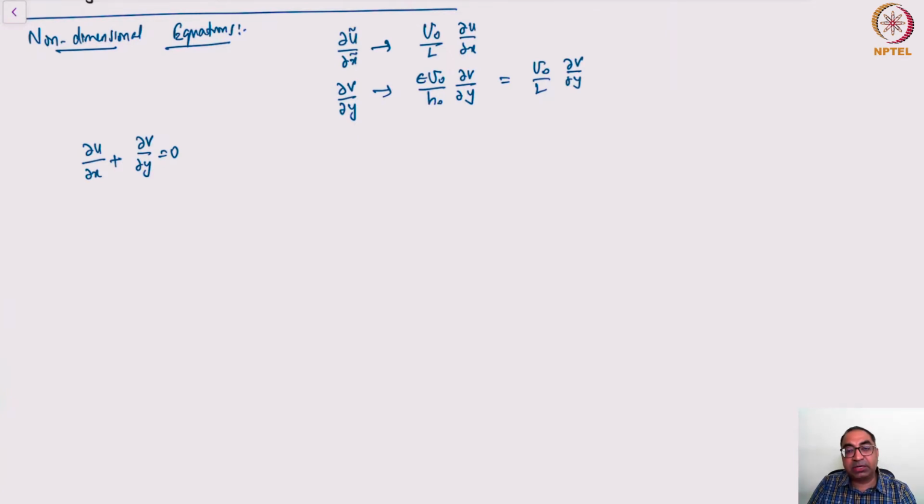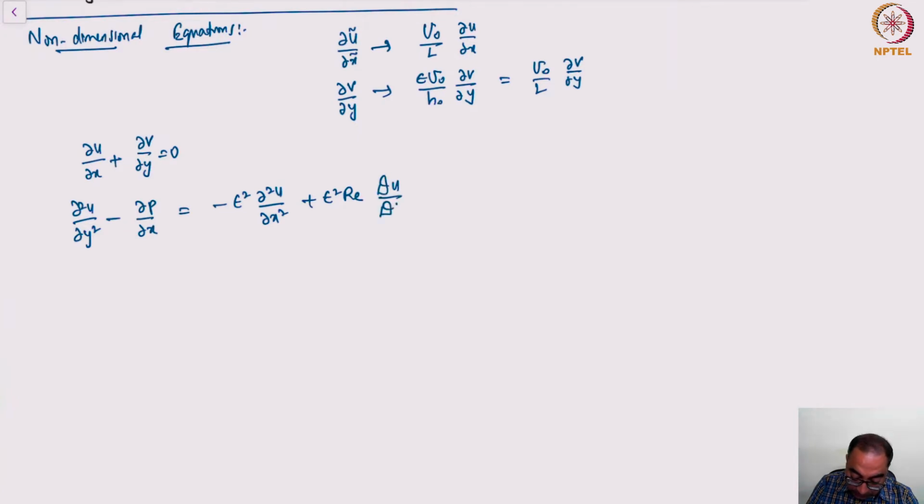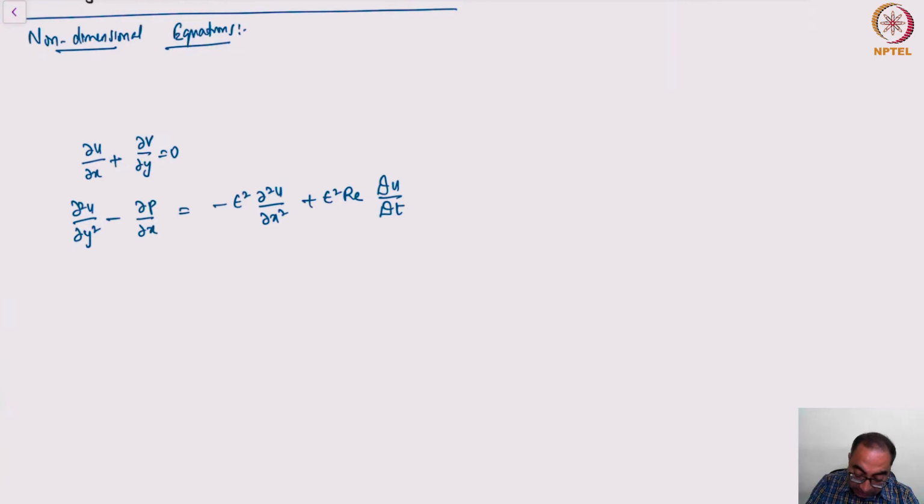The x momentum equation becomes del square u by del y square, del p by del x, Reynolds number du by dt. Again, I encourage students to try out this analysis. For example, you have a term like del square u by del x square.